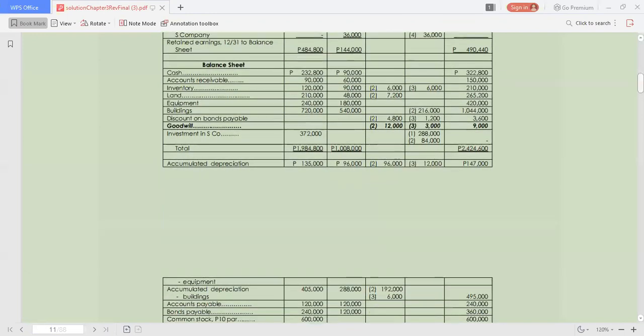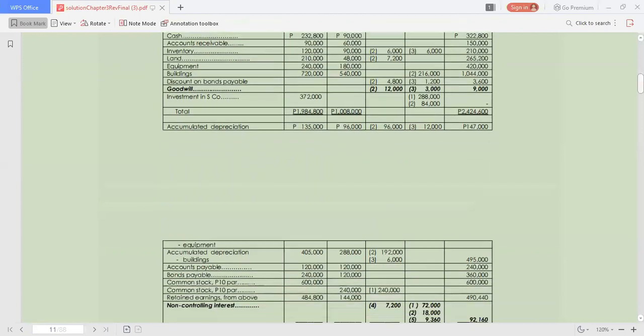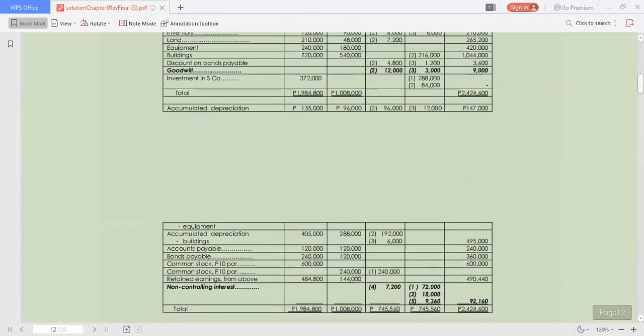corresponding balances. Take note that your accumulated depreciation of the equipment, initially accumulated depreciation of the equipment of 135,000 plus 96,000 minus 96,000. So we have 135,000 plus 12,000.